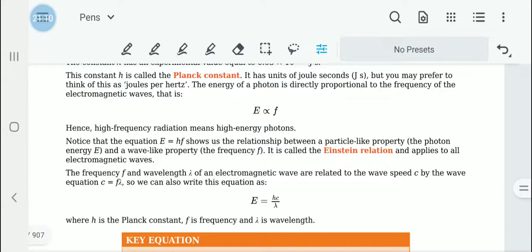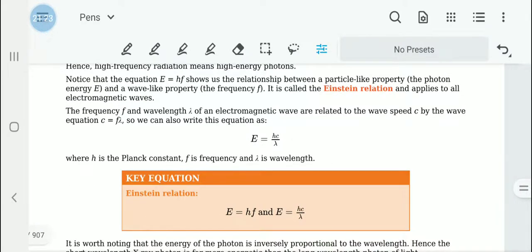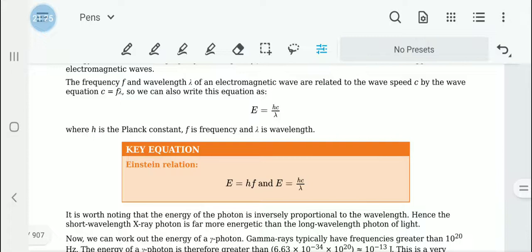First of all, we have to remember that the frequency f and wavelength lambda of an electromagnetic wave are related to the wave speed c by c equals f lambda. So then we have the equation E equals hc upon lambda, and h is the Planck constant.